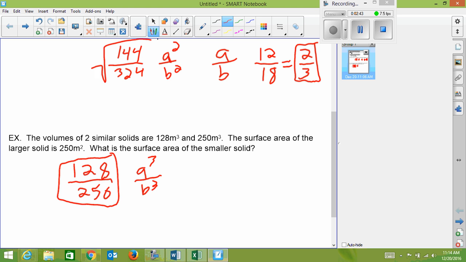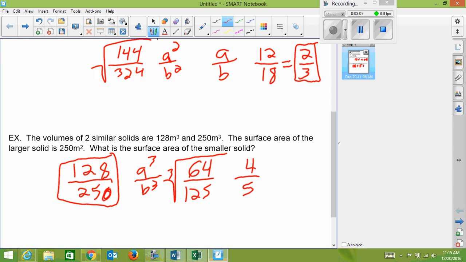If I divide both of those by 2, I should get something that I can cube. So if I reduce it to 64 over 125, I can then take the cube root, because the cube root of 64 is 4 and the cube root of 125 is 5. So the scale factor is 4/5.